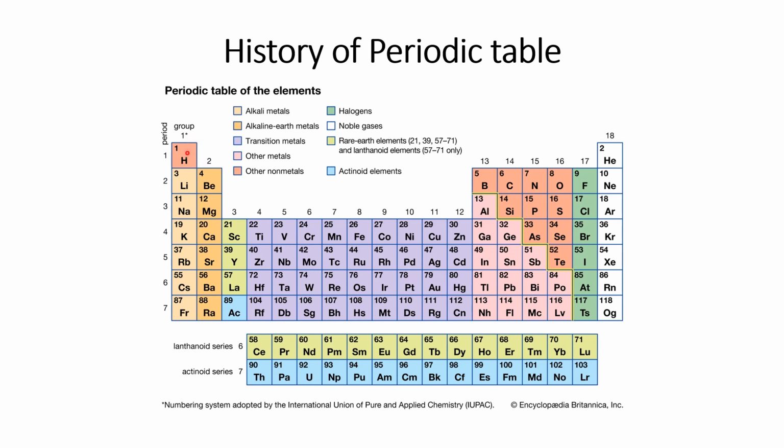These are alkali metals, alkaline earth metals, transition metals, non-metals, halogens, noble gases, lanthanide series, and actinide series. So we start our history: how scientists arranged the periodic table year after year.